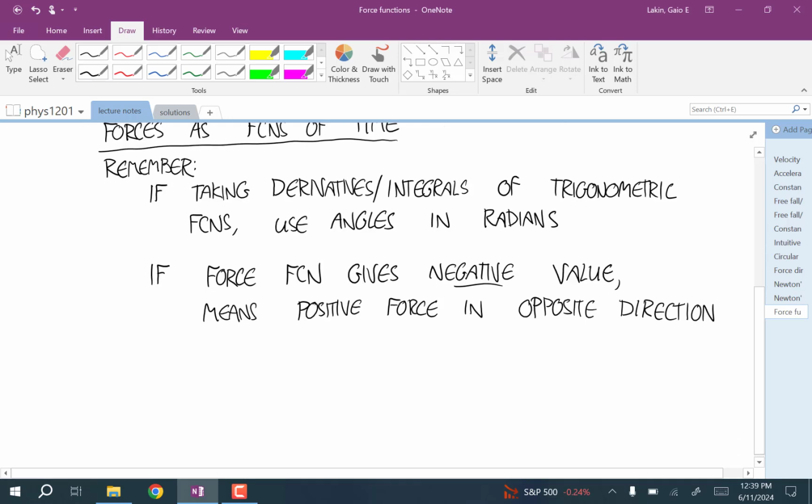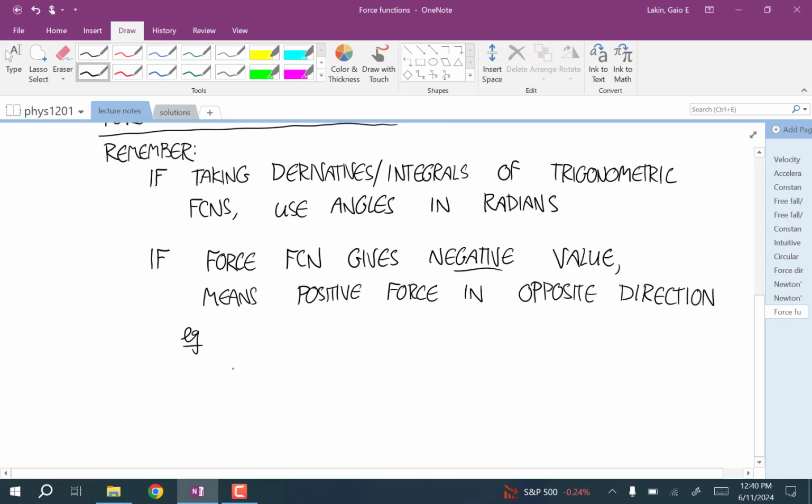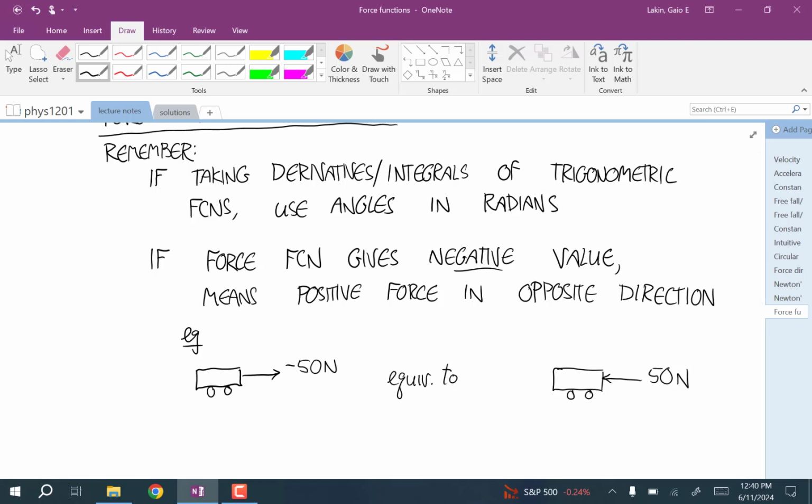Okay, so for example, if you have an object that has a force going this way of negative 50 newtons, that's equivalent to this same object having a force in the opposite direction with a magnitude of 50 newtons. So that's what negative force values are always going to mean. It's just going to mean that the direction is switched.